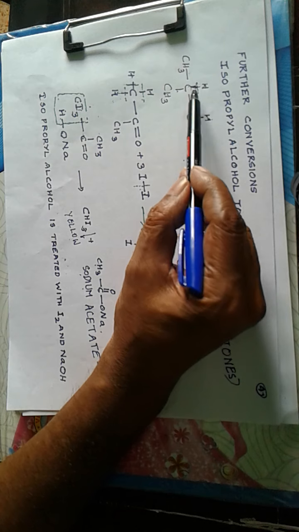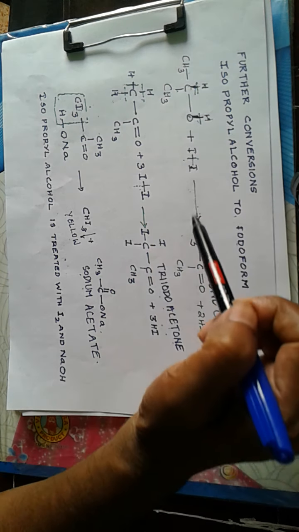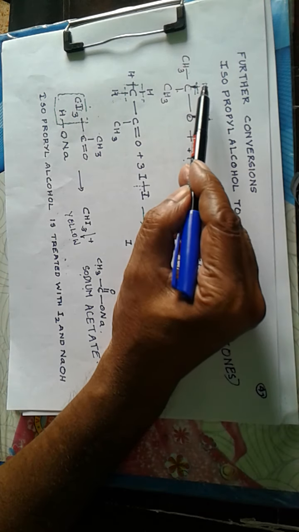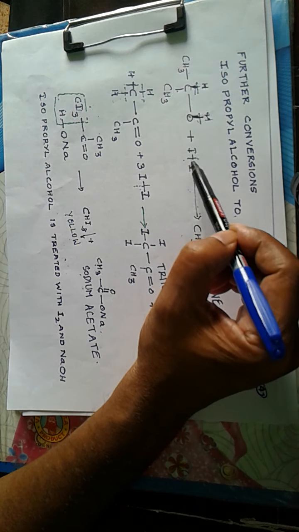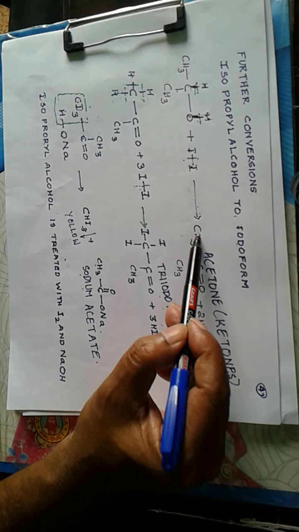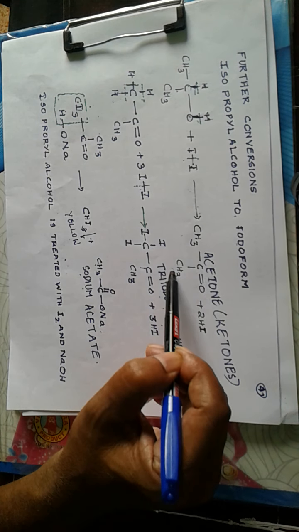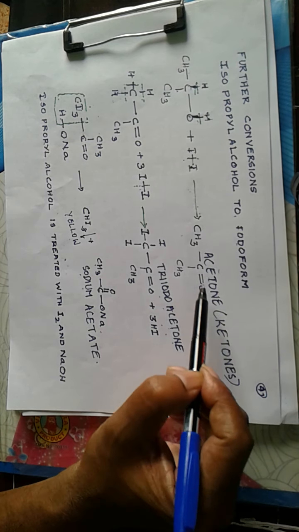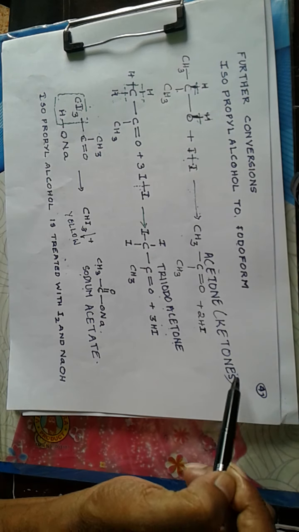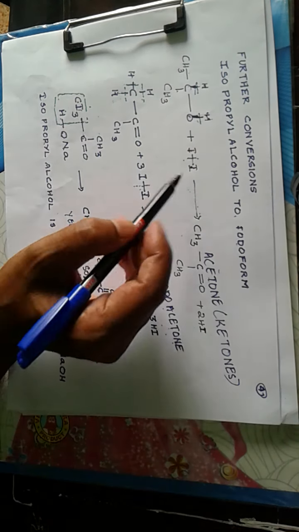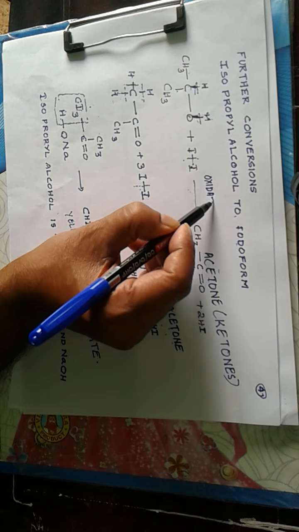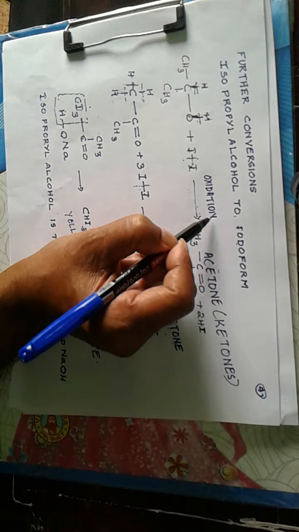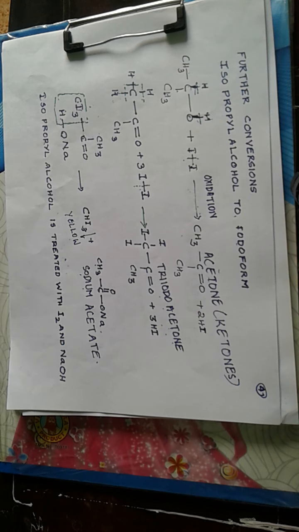The valency over carbon combines with the valency over oxygen to produce C double bond O. Now these two hydrogen atoms combine with the valencies over iodine atoms to produce 2HI, and this molecule CH3COCH3 is called acetone. It belongs to the family of ketones, and this reaction is an oxidation reaction because removal of hydrogen is oxidation. So hydrogen is removed from the structure.